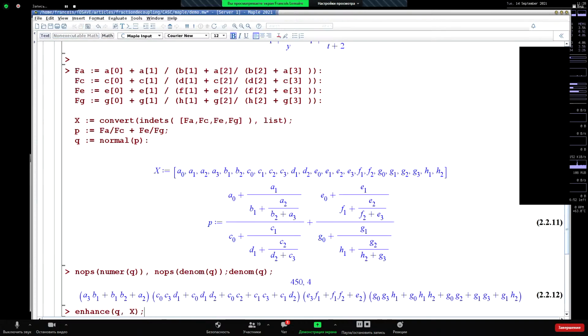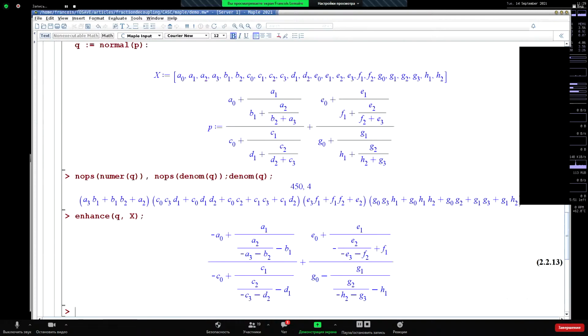And if you expand, in fact, the denominator of this fraction p, you would get more than 400 terms. And the denominator would factor, giving you those terms. So obviously, on an example like this, if you expand the numerator, you get a very large expression. And if you enhance it, it takes just a few seconds to recover the original form. Okay.